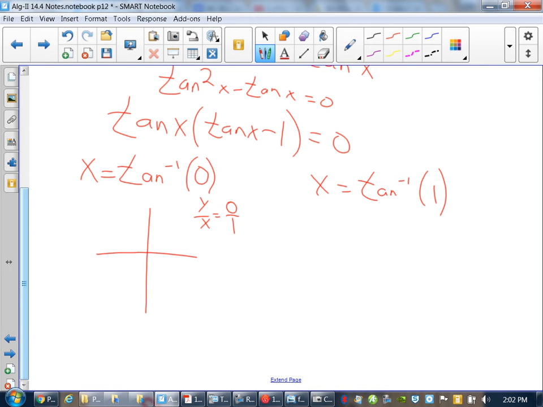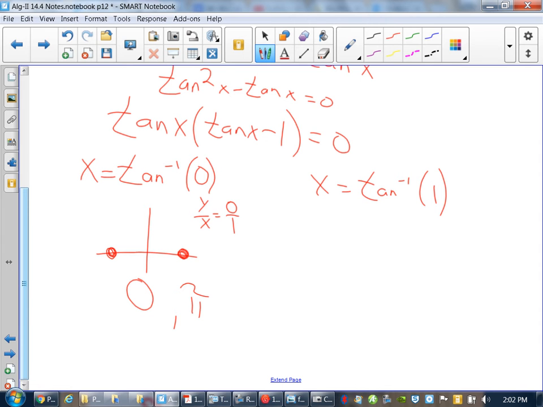Right there at 0. So tangent of 0 occurs at 0. Now, doesn't it also occur here? Because what's 0 divided by negative 1? 0. Yeah, the other one's 0.